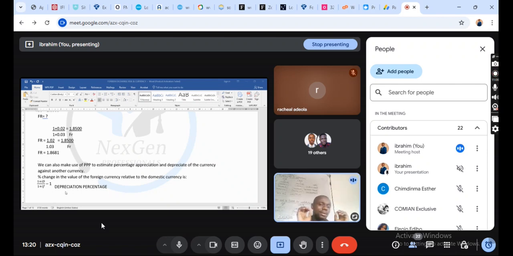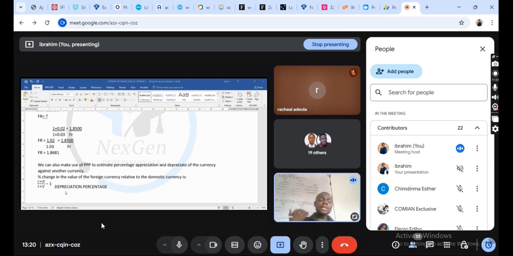The domestic currency. Now, this is the formula for calculating. Can you see it? So in most times, you need to test whether your spot rate is actually depreciating or appreciating. So if your spot rate is depreciating, you need to get the percentage.